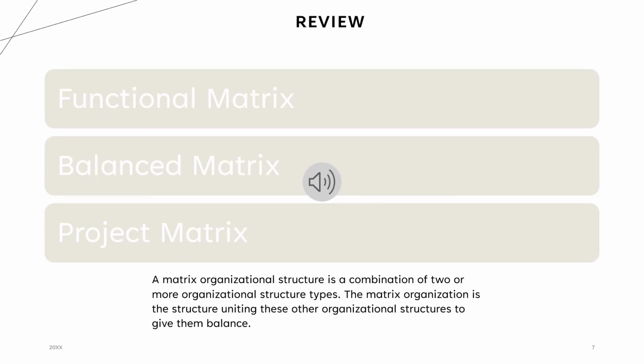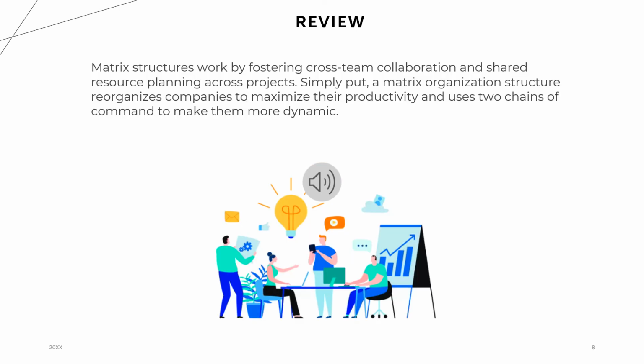Review. A matrix organizational structure is a combination of two or more organizational structure types, like a functional matrix, balanced matrix, and project matrix. Matrix structures work by fostering cross-team collaboration and shared resource planning across projects.